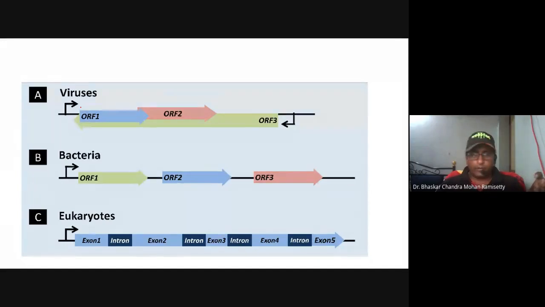Can you recollect what a start codon is? Yes, AUG. Always use capital letters, don't use small letters. I understand some of you might be using them. AUG is the start codon, or if you're talking in terms of DNA, it is ATG.